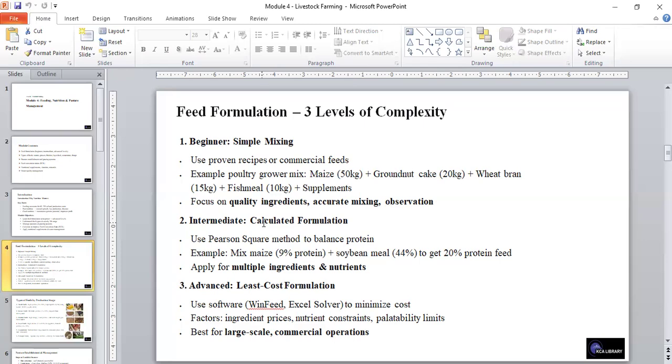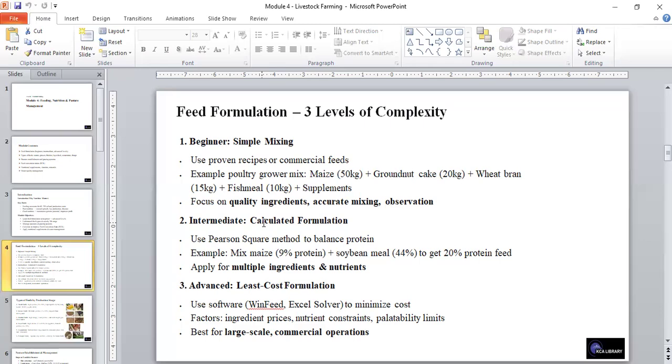However, for the intermediate stage, there is need for calculation. This is a calculated formulation, and a method that can be used is the Pearson square method to balance the protein content.